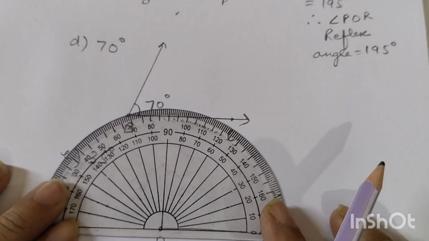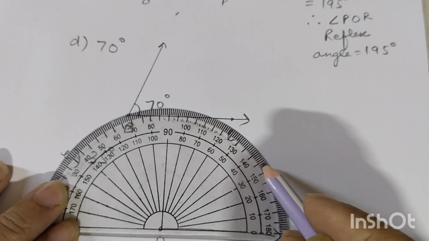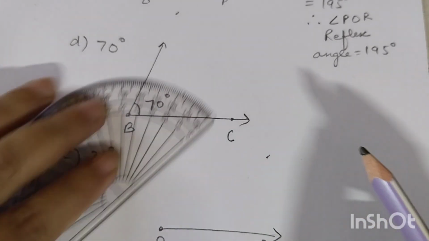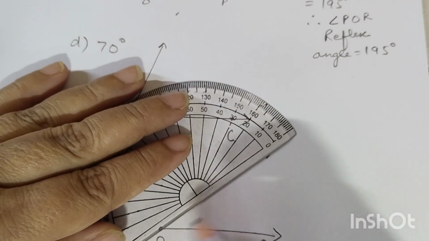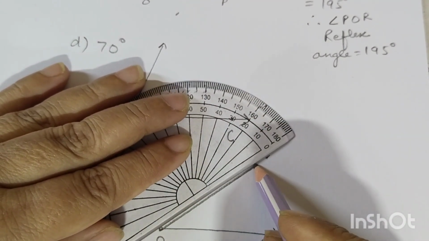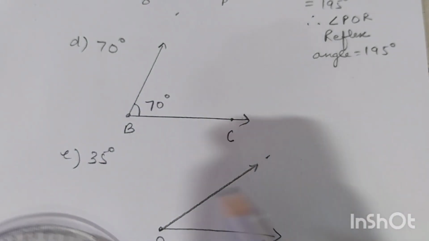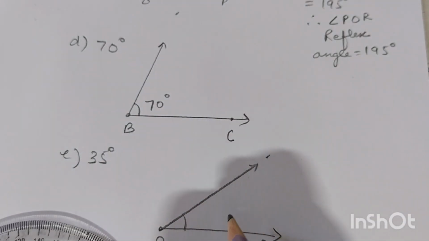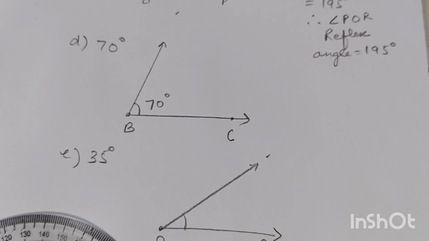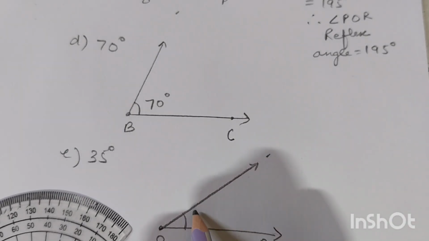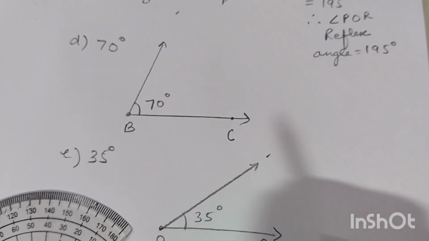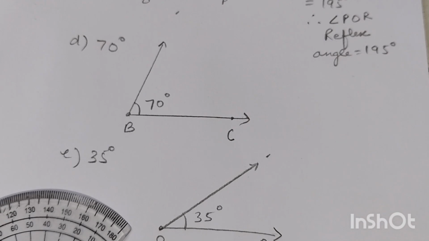Start counting from 0. This is 35. Join these. You will get an angle of 35-degree. Okay. Now next is question number 2.